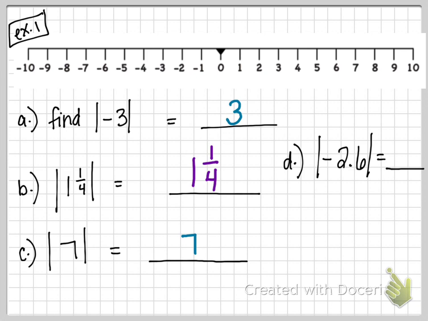Mia? 2.6. Good. Okay, -2.6 would be somewhere around here on our number line. That's 0.6 units. 1, 2. So positive 2.6. So notice how these all simplified to positive numbers. We're not doing opposites, we're doing absolute value. So distance from 0 will always be positive.